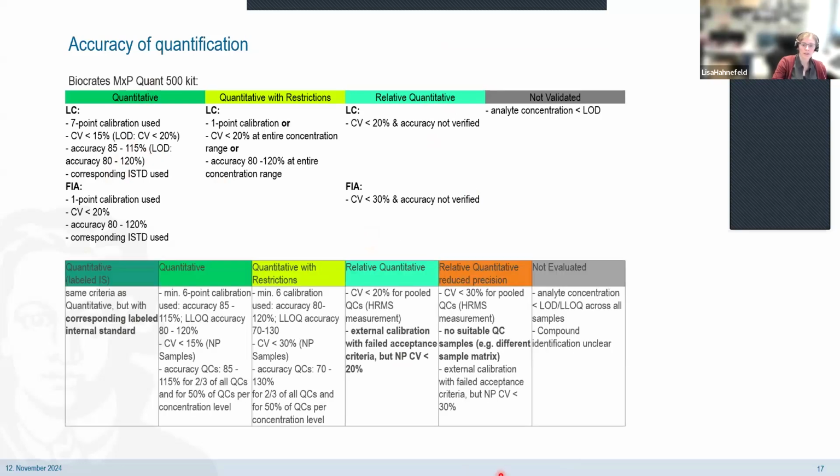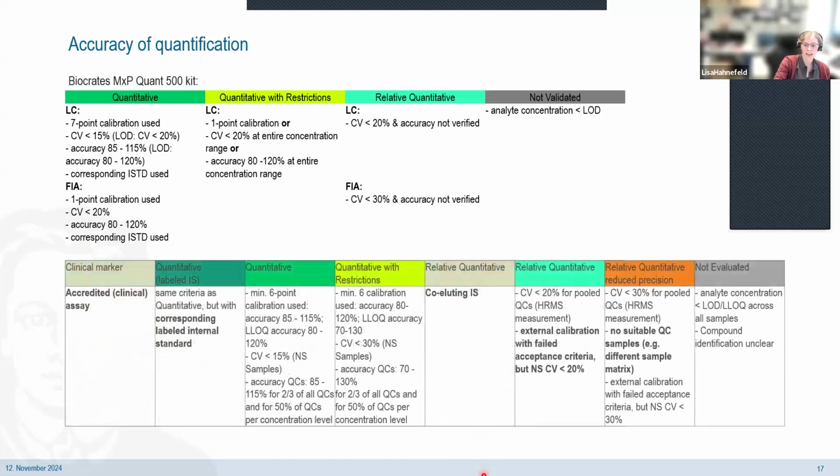And if you have additional assays, you might want to add some to these labels. For example, we try to differentiate between compounds which have their own labeled standard, because as you have seen before, this does change a lot for the absolute quantification. And maybe you even have reduced precision for the relative quantification, but if there's at this point no other way to measure this compound, it could still be useful.